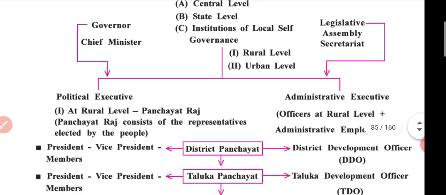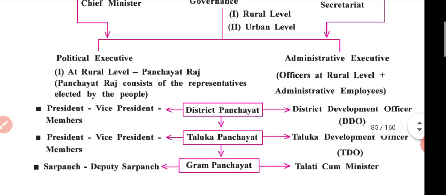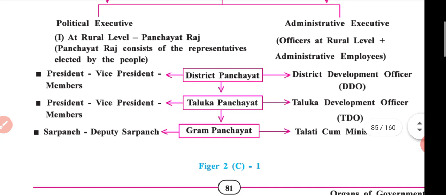So there are the political executive and the administrative executive. The political executive is under the governor and chief minister, and the administrative executive works under the legislative assembly secretariat. First is the political executive.